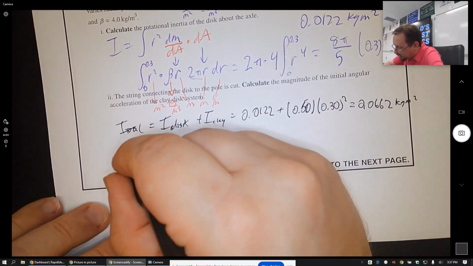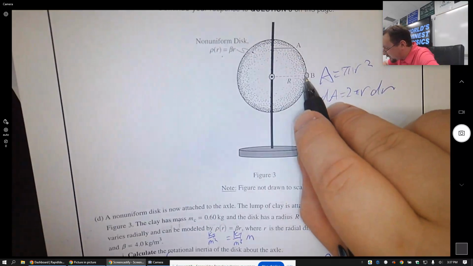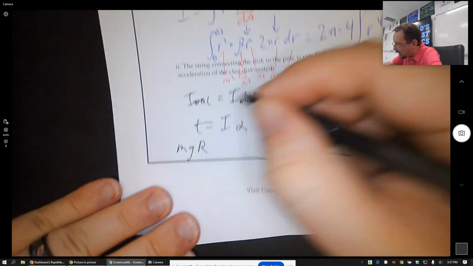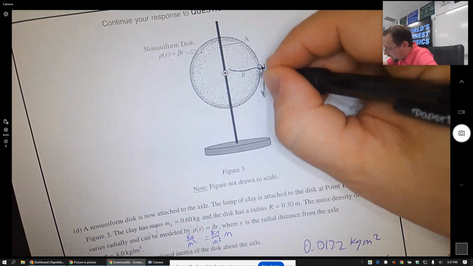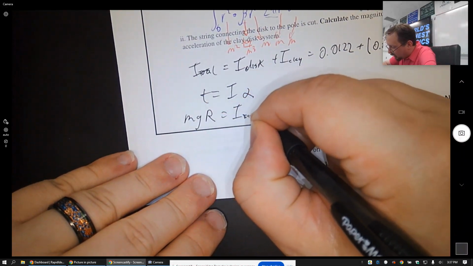Okay, now I want to do torque equals I alpha. The torque is going to be due to the weight of the clay. So it's going to be mg times r. The angle between the r and that is 90 degrees, so forget that. Equals I total alpha.